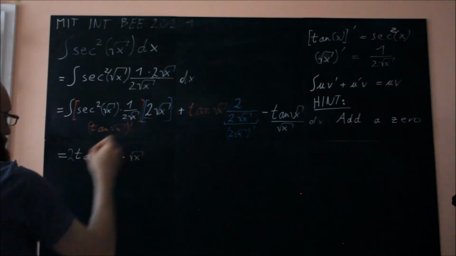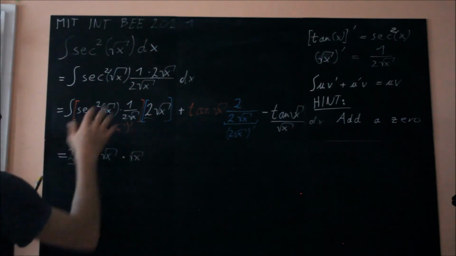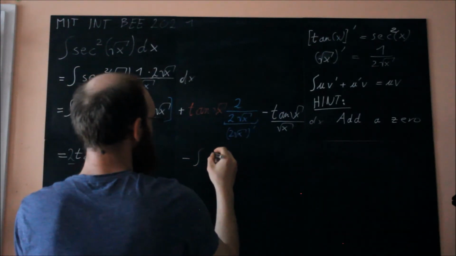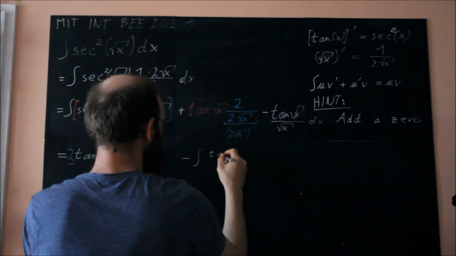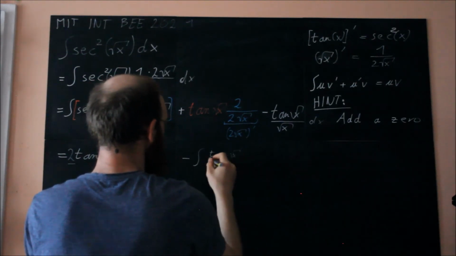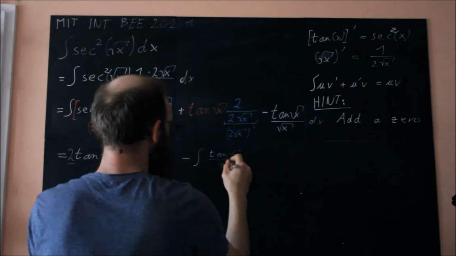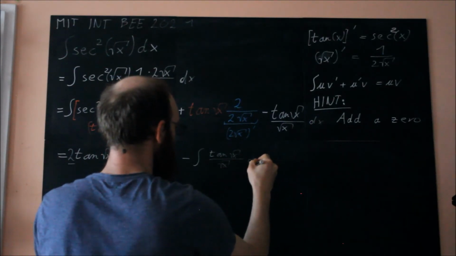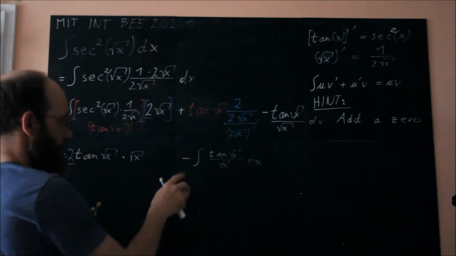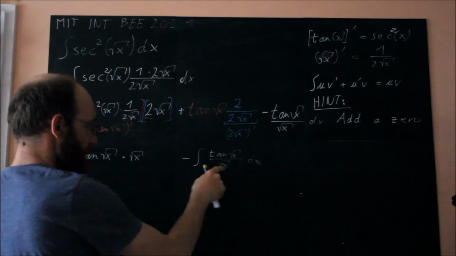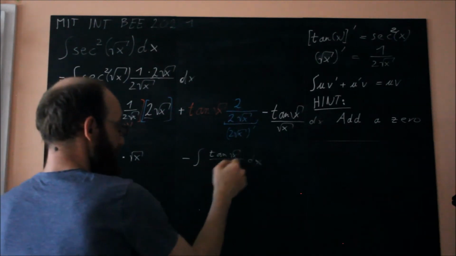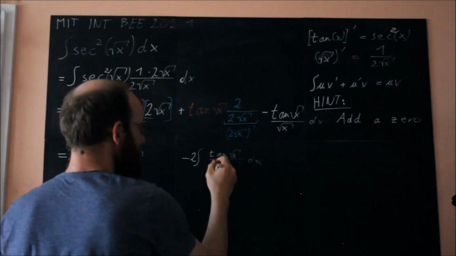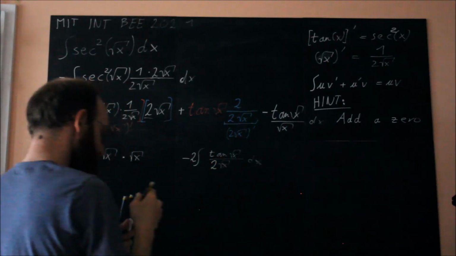So this is here, this 2. Okay, this is the first part. And we are left with minus the integral of tangent square root x over square root x. And yeah, I should also use a 2 here.